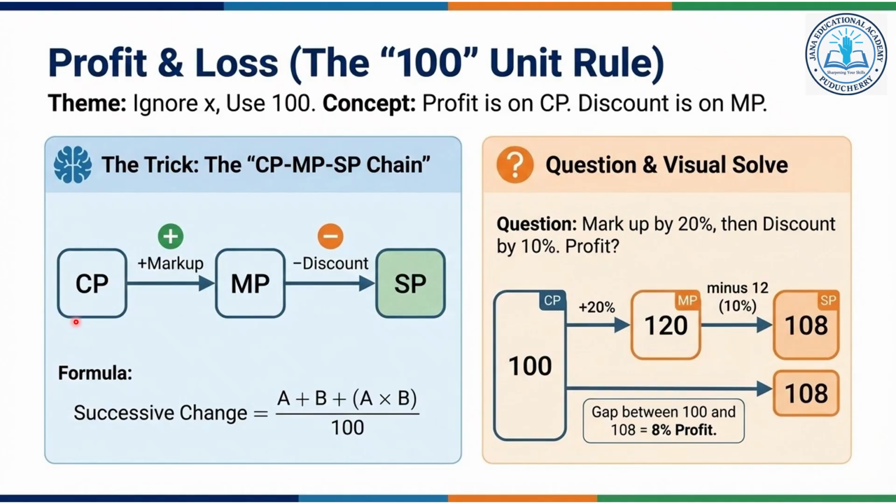Cost price means I am buying something for a particular price, right? Now I am going to sell it in my shop. So for a 10 rupee cost, I have to increase the price to 12 rupees, right? So the markup is 2 rupees here. So the cost price is 10. I am increasing the price to 12, right?